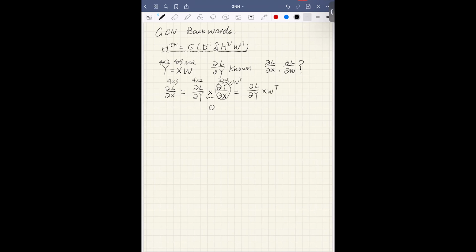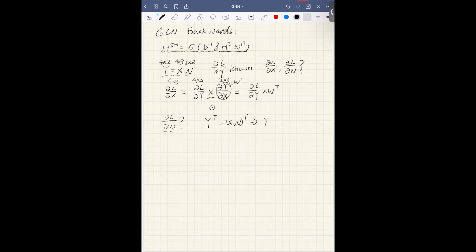And the other term here, d loss over d omega. Because in this kind of order, it's hard to directly get this term, the way we solve it is we take the transpose of the original equation like this, and it becomes y transpose.